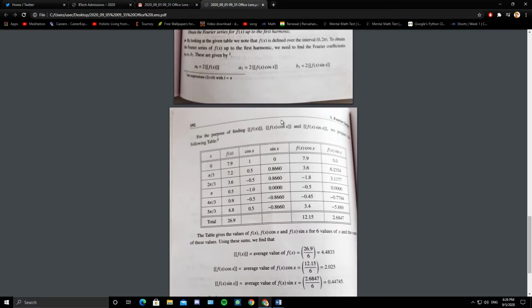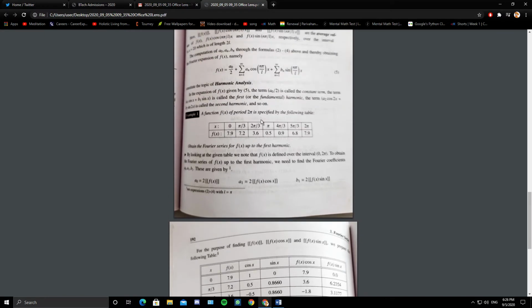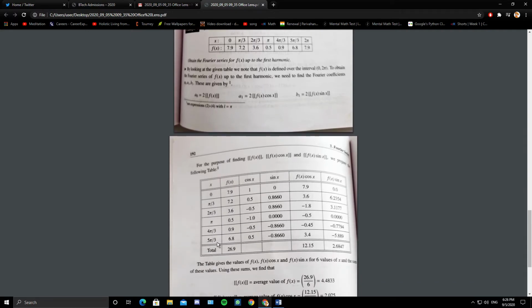When you form the table, you should include only one of the endpoints, either 0 or 2 pi. You should not write both in the table. So in the table, only 0 is included, 2 pi is not included.